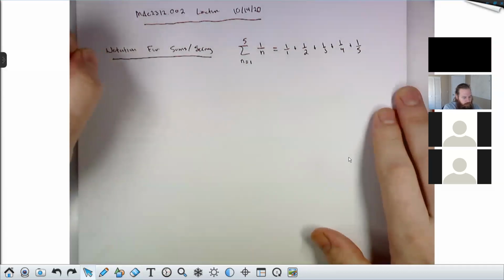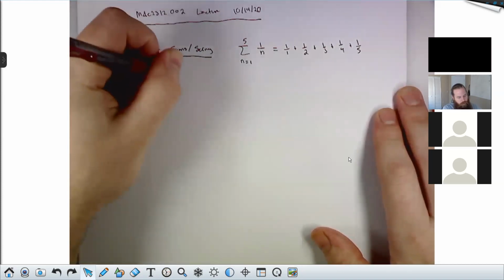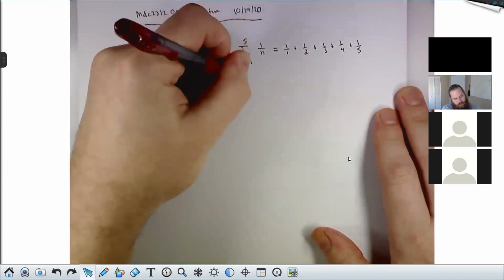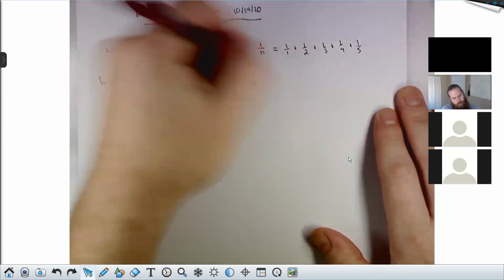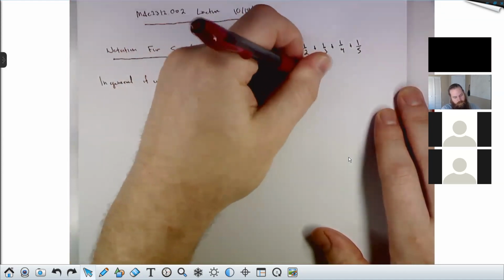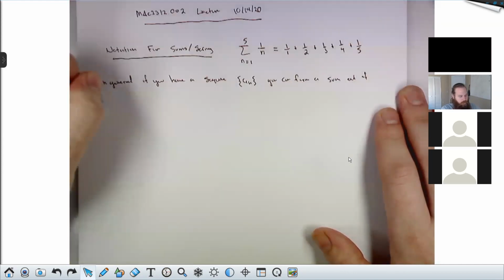In general, if you have a sequence a_n, you can form a sum out of the terms of a_n.